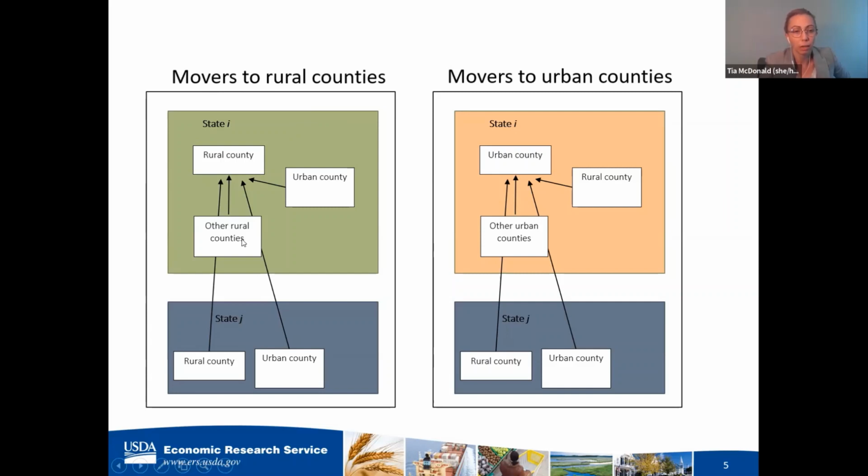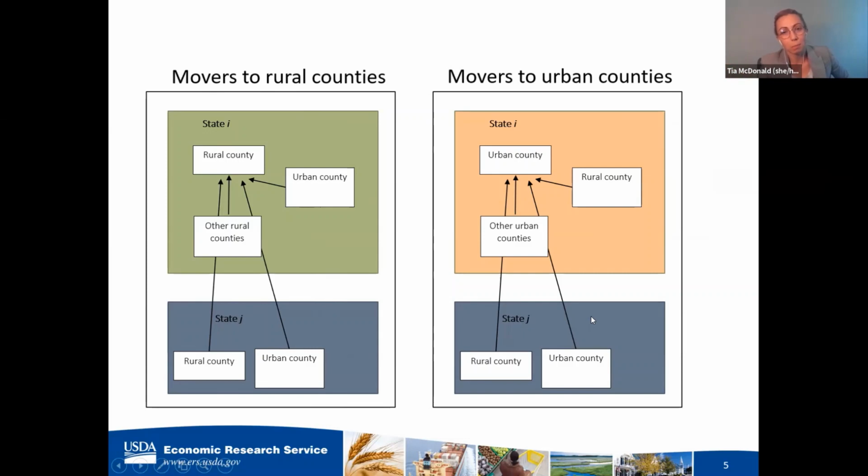Basically we're looking at all the movers to a rural county, and we're going to break them into different categories: whether they come from within the same state, state I, or from another state, state J. Then we further distinguish between whether they came from rural or urban counties, and same for out-of-state movers.